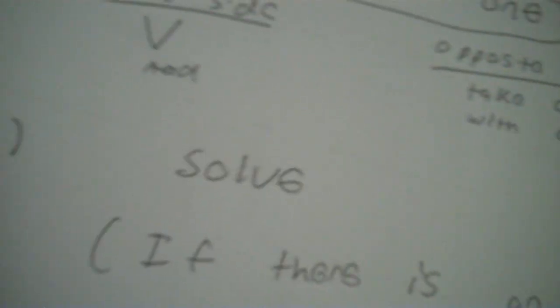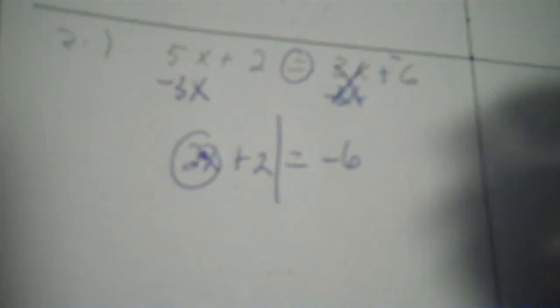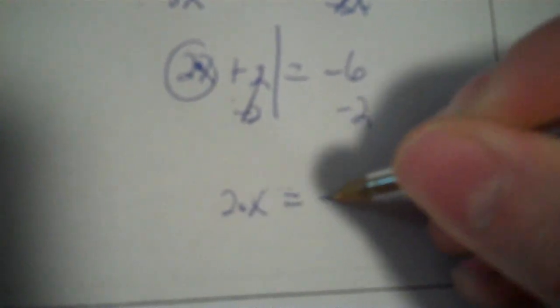Because that is a negative 6. Then you solve, okay? So got 2 times x plus 2, so we minus 2. Negative 6 minus 2 is negative 8. Divide by 2, divide by 2, and that's negative 4. Okay, so negative 4, and we don't do a square root because it's not to the second power.